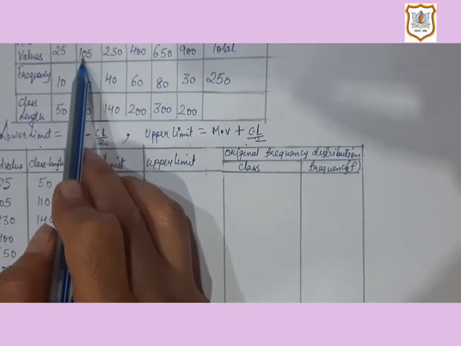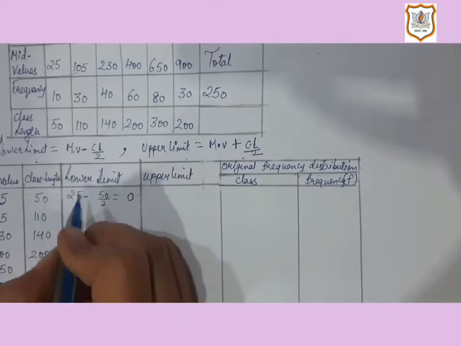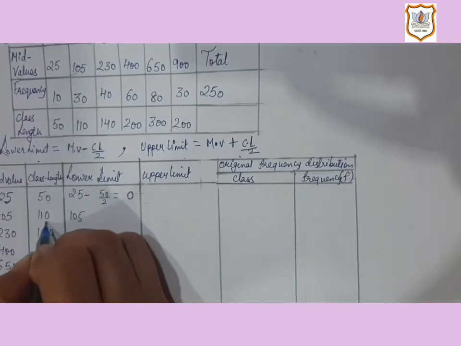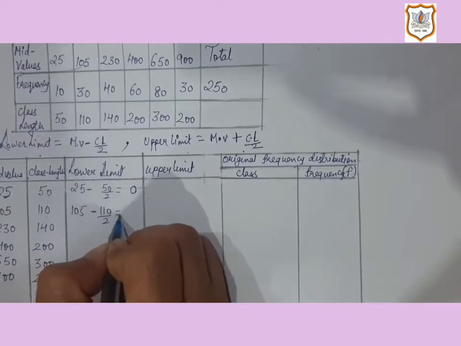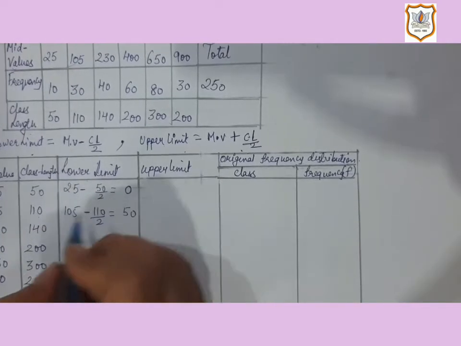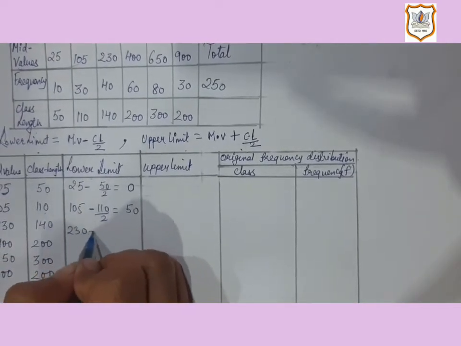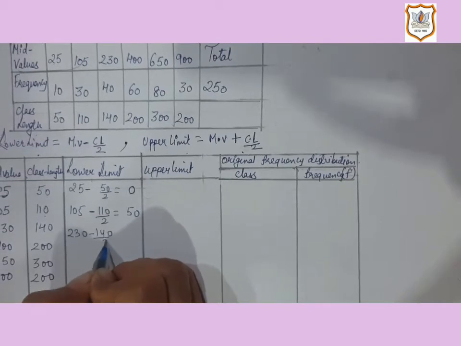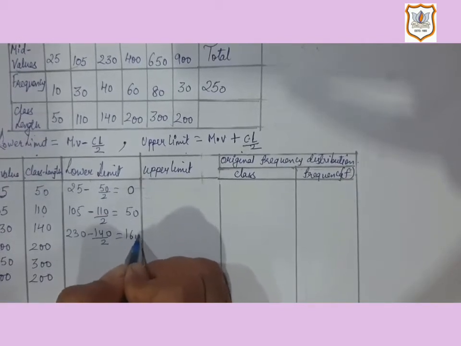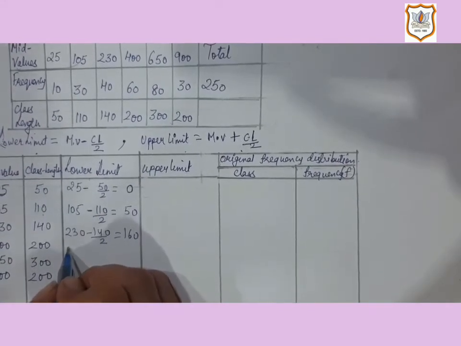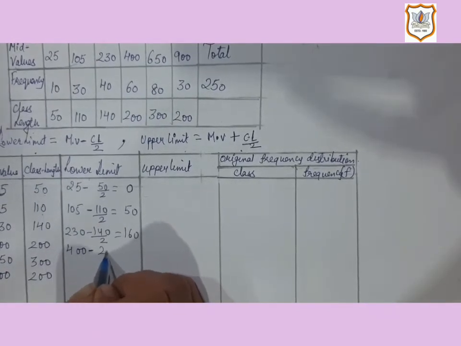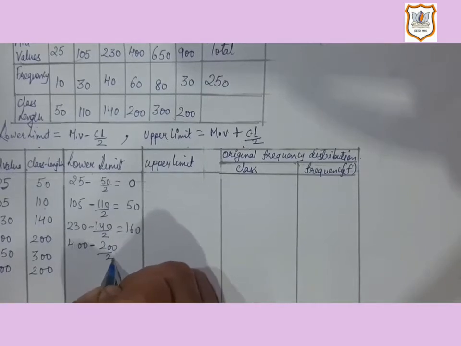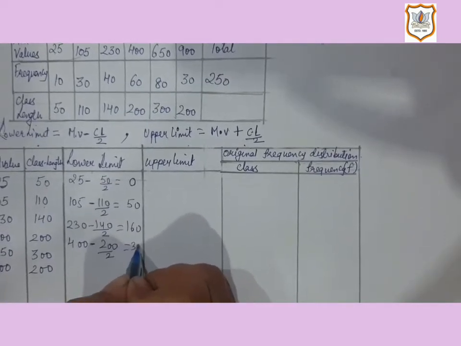Next mid value is 105. 105 minus class length, that is 110 divided by 2. The answer is 50. The next, 230 minus 140 divided by 2, is equal to 160. After that 400 minus 200 divided by 2 is equal to 300.